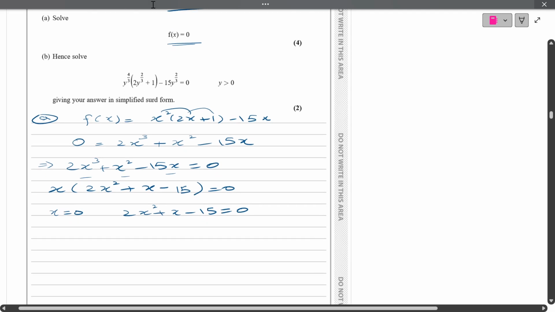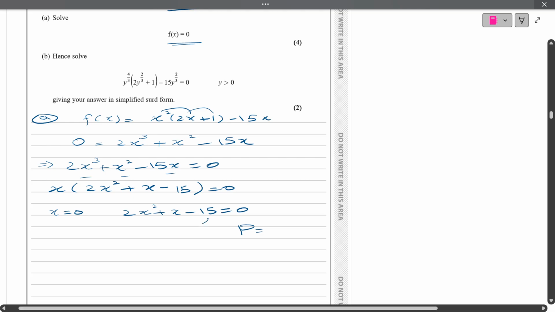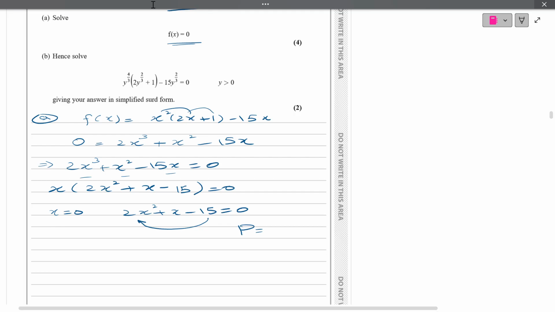I can solve for x here. We can factorize it using the sum and product method. We can use the quadratic formula as well, or you can directly use a calculator, because a calculator has a function for factorizing. So 2x squared plus x minus 15, let's factorize it.